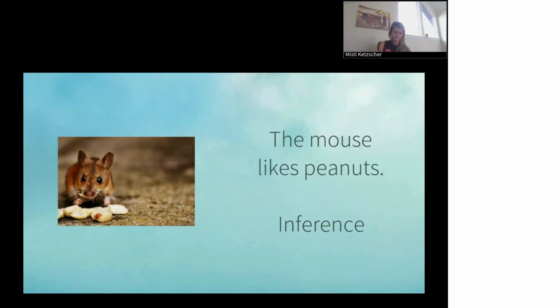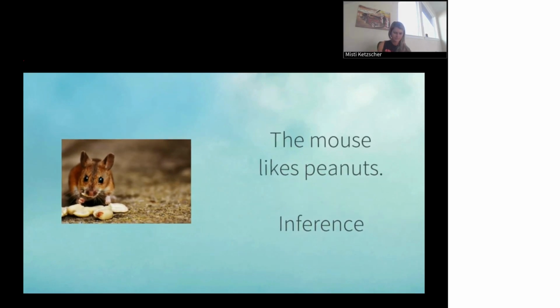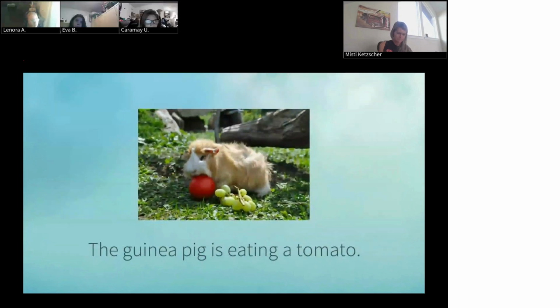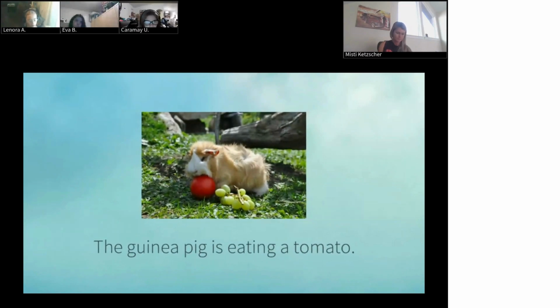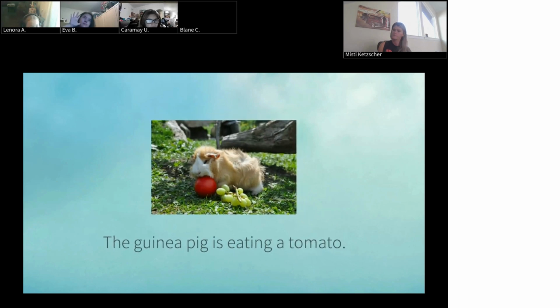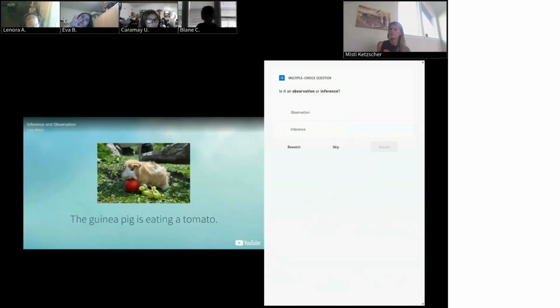This is an inference. The guinea pig is eating a tomato. Is this statement an observation, or is it an inference? All right, what do you guys think? The guinea pig is eating a tomato. That is definitely a tomato there. Lenora?